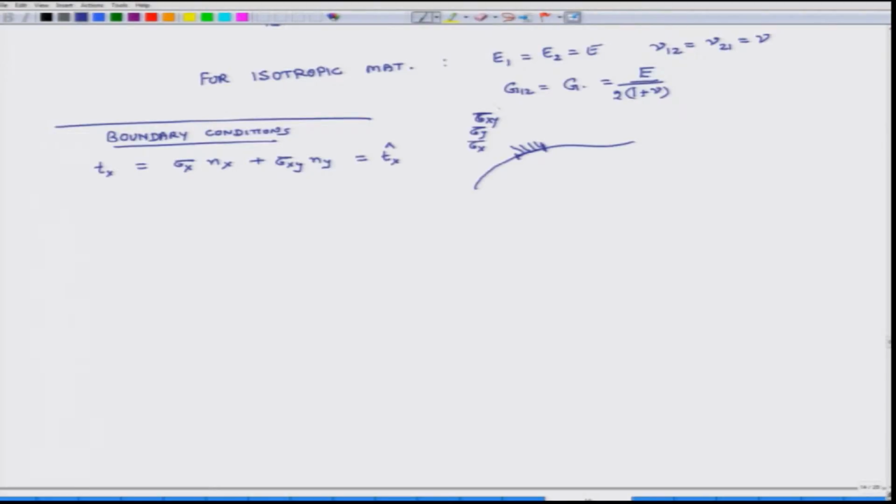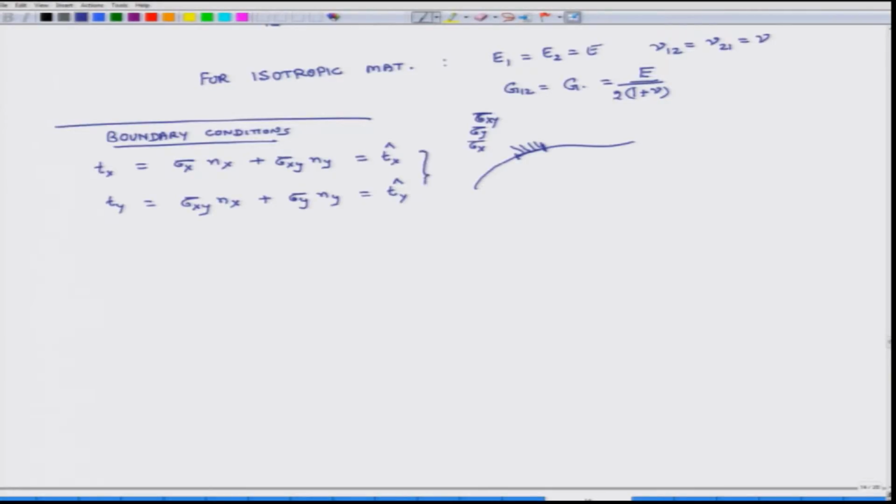If I know sigma x, sigma xy, sigma y, then I multiply sigma x by nx and sigma xy by ny, and I get Tx hat. Similarly, Ty equals sigma xy nx plus sigma y ny, and if I know its value on a surface, then I say that its value is Ty hat.